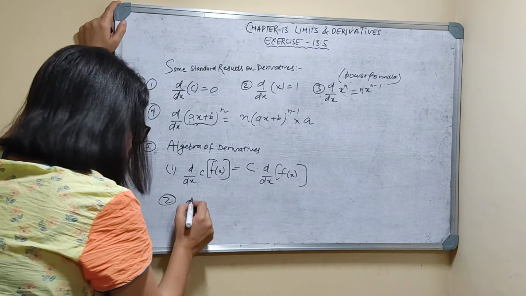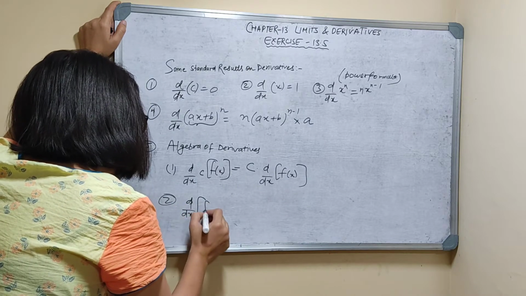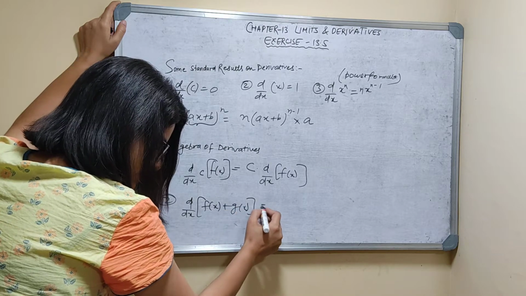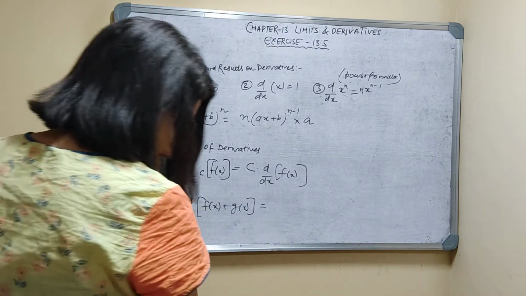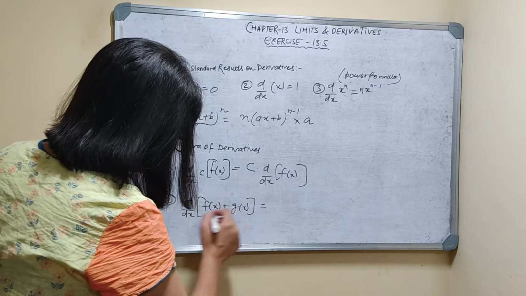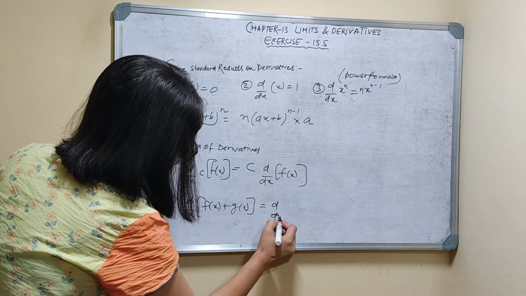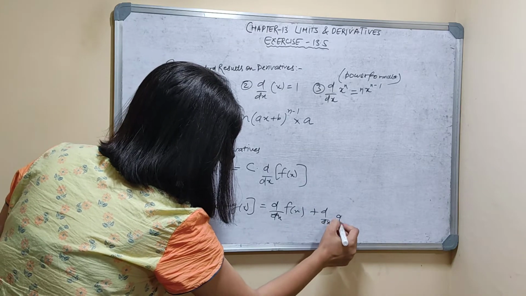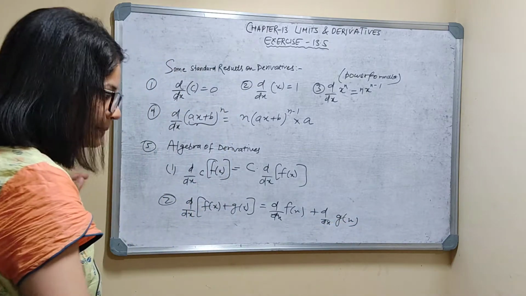Second, d by dx of f(x) plus g(x). So d by dx of f(x) plus d by dx of g(x). Is it clear?